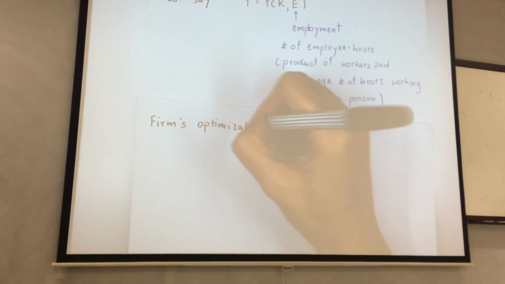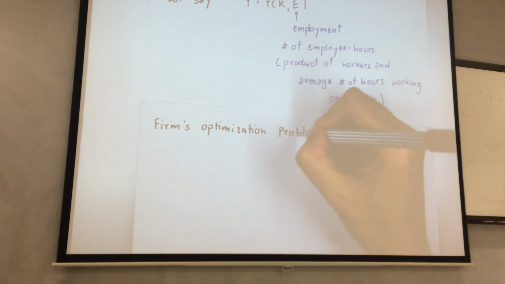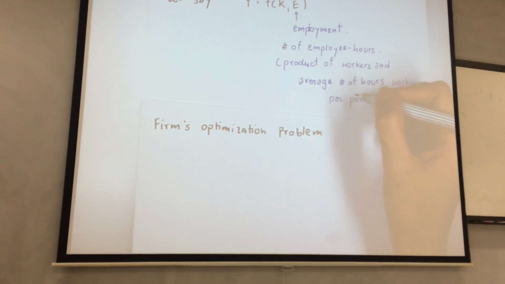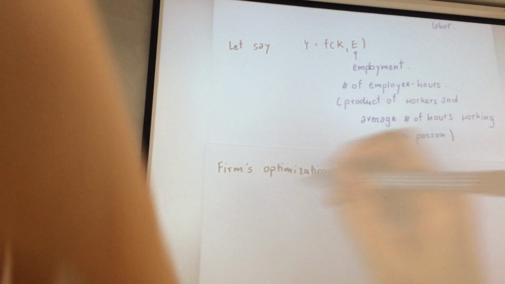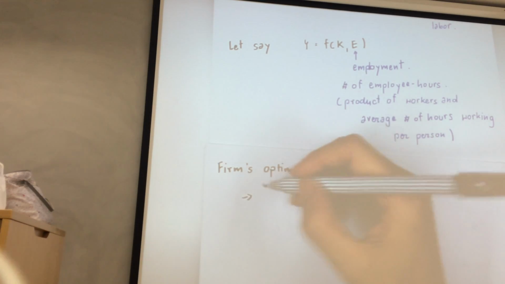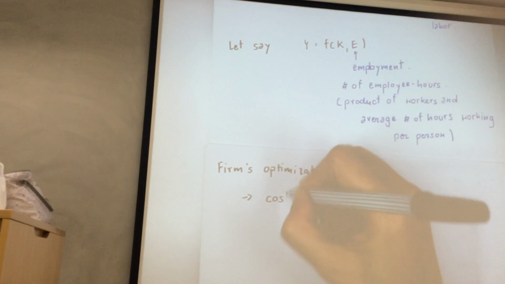So from an optimization problem, we may not derive the equation, we'll assume that you do remember it from your micro class. But from an optimization problem, usually a cost minimization problem, right?